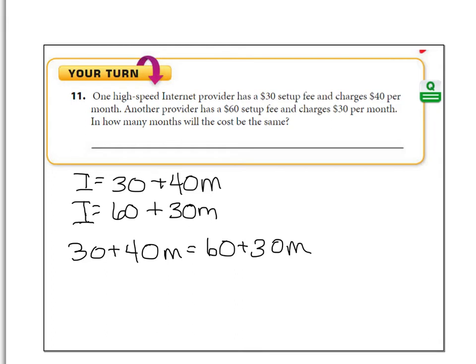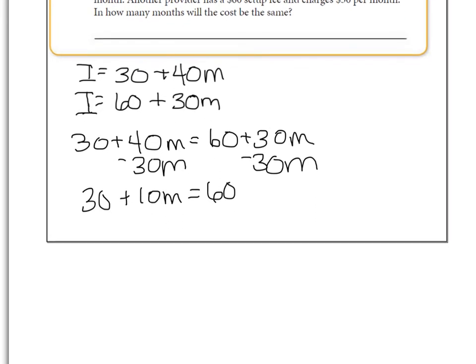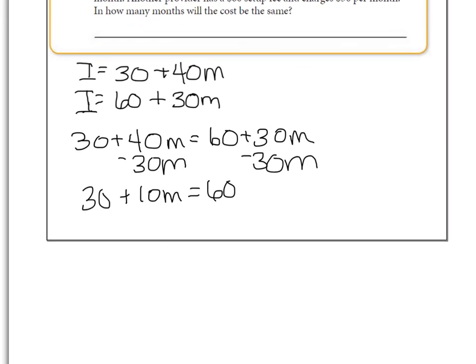We're going to get our variables on the same side. So I'm going to take that 30M and move it over to the 40M. Since I have to cross the equal sign, we're going to do the opposite. So I have 30 plus 10M equals 60. To start solving for M, we're going to subtract 30.